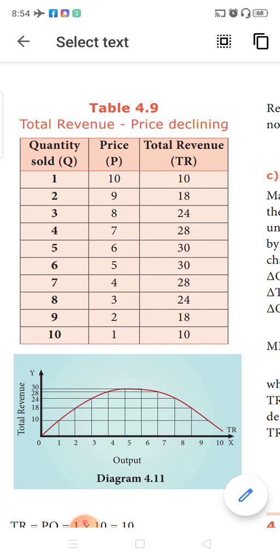Under the second, when 2 units are sold, MR is 18 minus 10, that is 8. When 3 units are sold, MR is 24 minus 18, that is 6. When the 4th unit is sold, MR is 28 minus 24, that is 4. When the 5th unit is sold, MR is 30 minus 28, that is 2. So this is how you arrive at MR, that is TRn minus TRn minus 1.